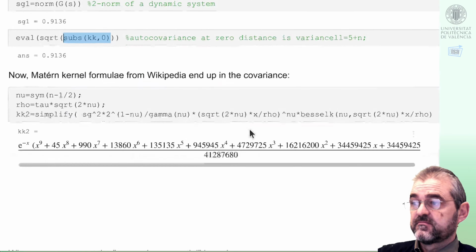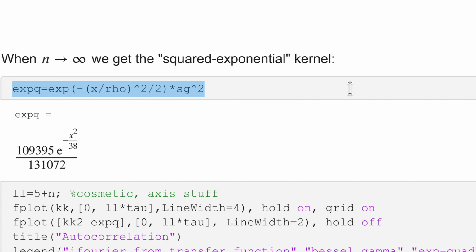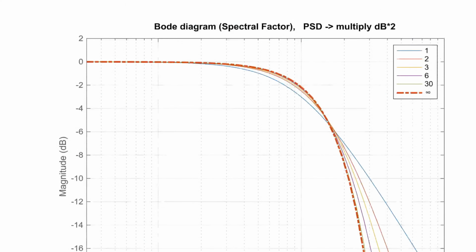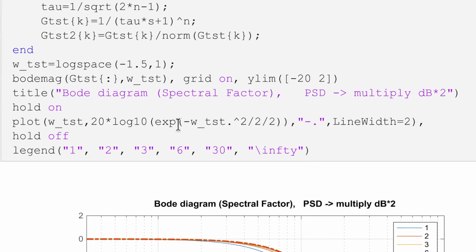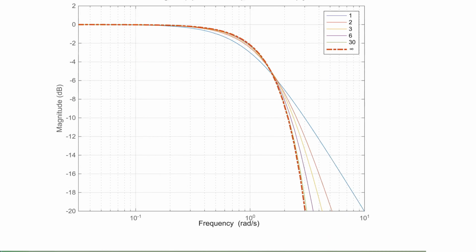And the limit case is this squared exponential kernel. This is in time, in x, in abscissa, whose Fourier transform is the same function. I divide here by 2 just because it's the square root, but its power spectral density is this squared exponential in frequency, this bell diagram.